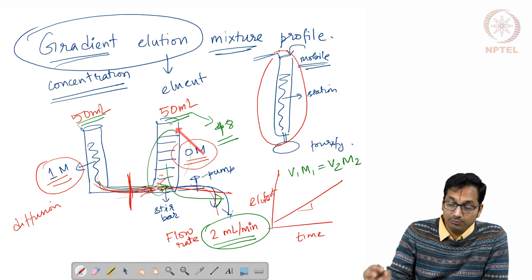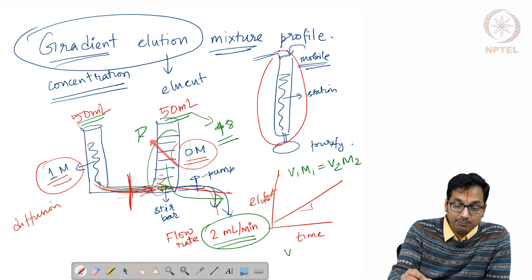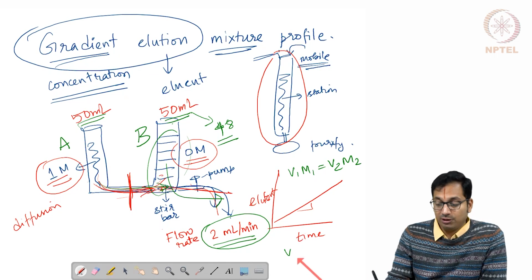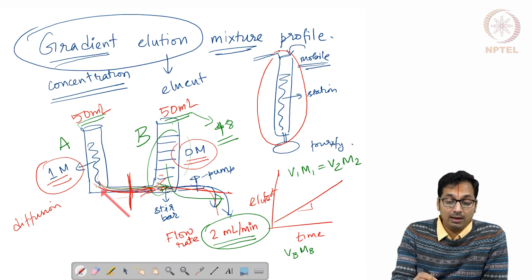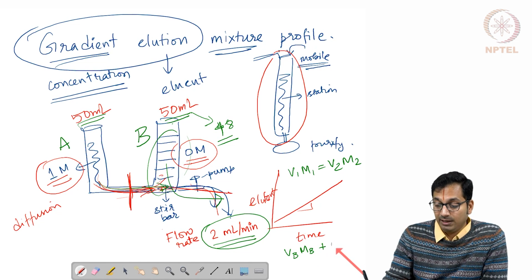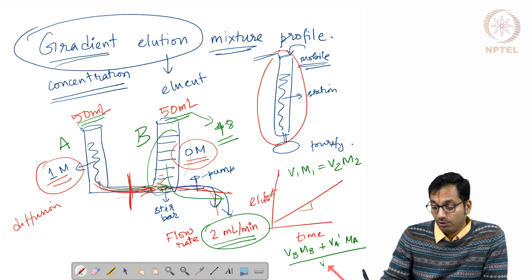Of course this is not a straightforward equation because you have a certain volume here. So we can say this is tank B and this is tank A. You have a certain volume Vb, a certain concentration in B, and a certain amount of volume comes from A. So we can say volume Va prime times concentration of A, divided by the total volume of Vb plus Va prime.